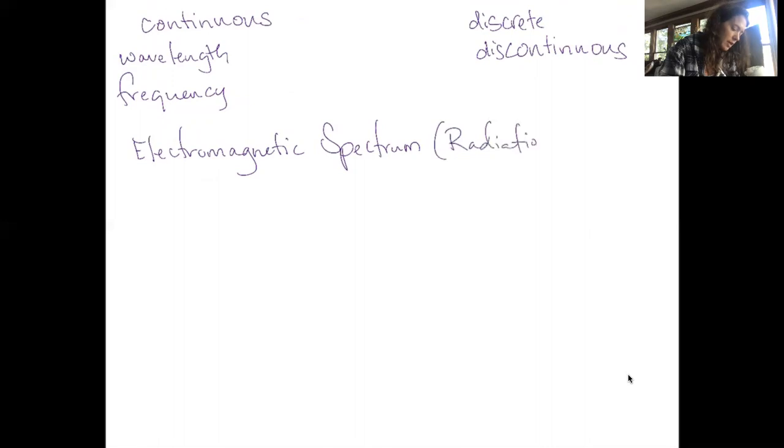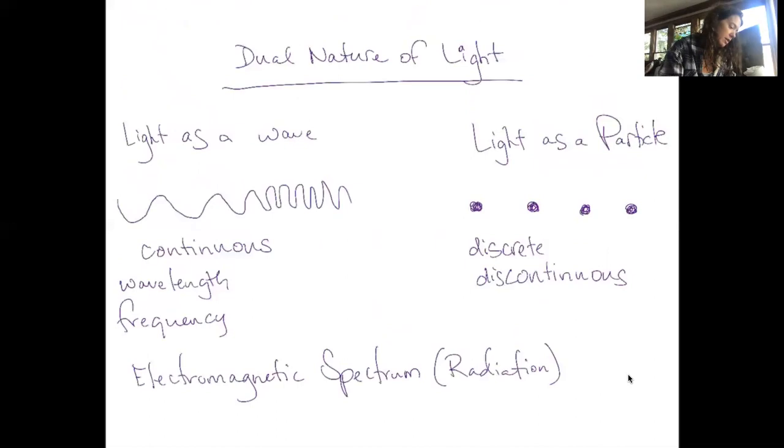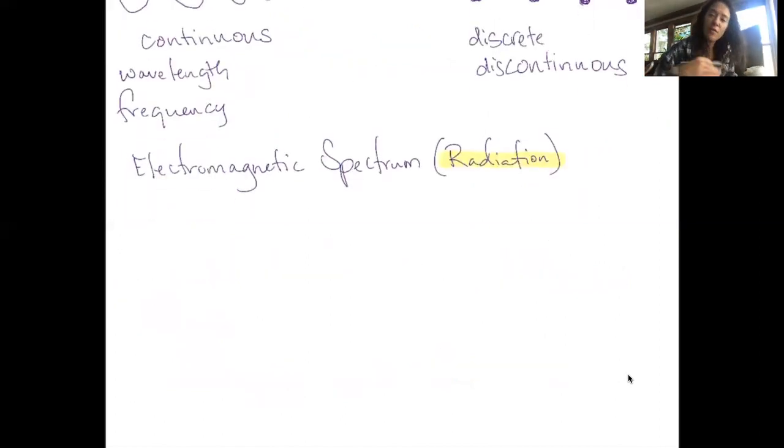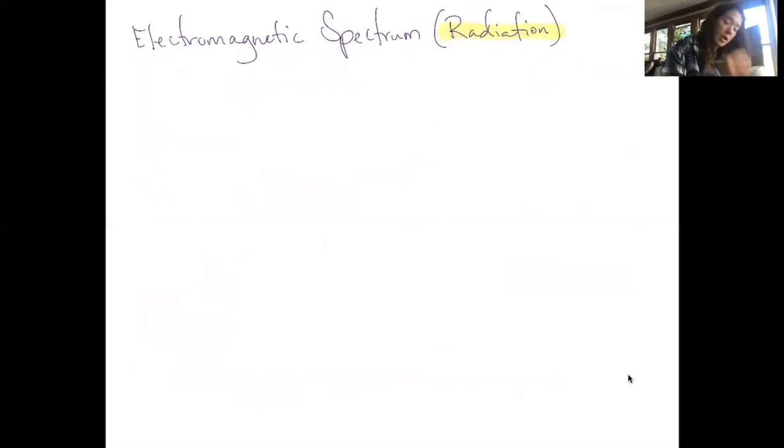And it organizes the different types of radiation. And realize here, guys, that light is a form of radiation, right? Light waves are called radiation, okay? So we have different forms of light waves, and we organize them in the electromagnetic spectrum.